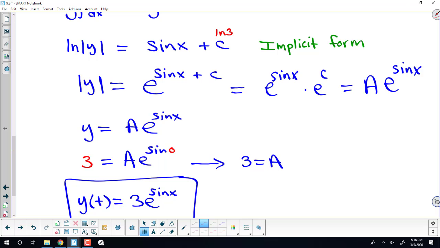Then when you exponentiate both sides, it's e to the sine x plus ln 3 for y. And then we just rewrite that. It's e to the sine x times e to the ln 3, which is 3, and then we get 3 e to the sine x from that. So you can work with the implicit form as well, which the next example is going to have us doing.